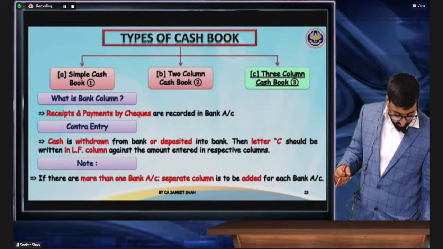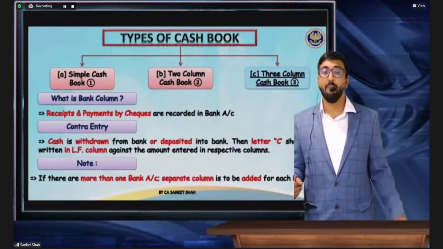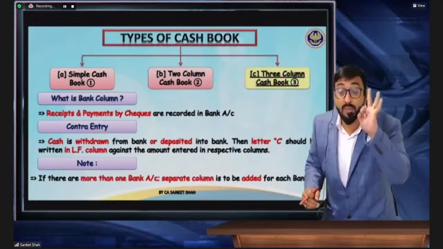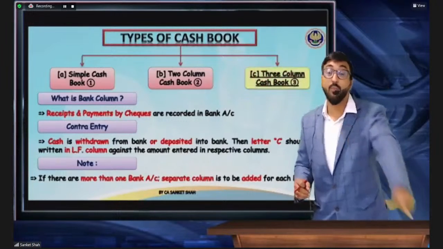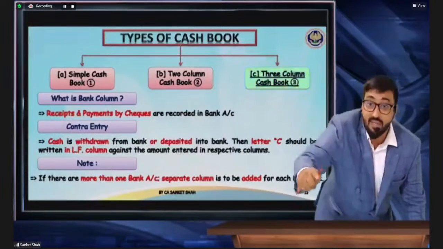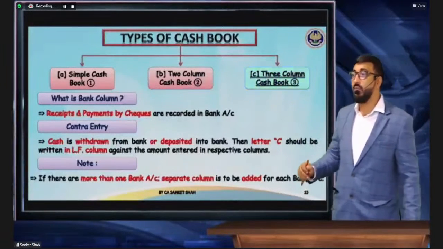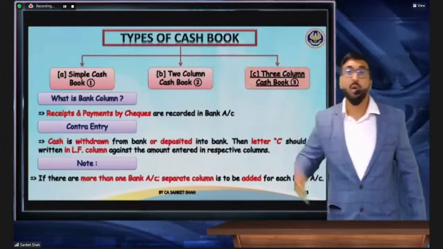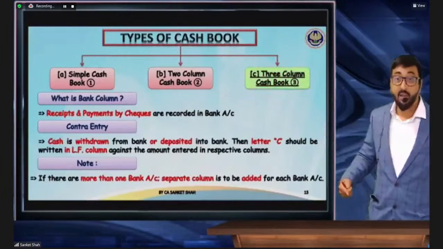Cash, discount, and bank account. But bank-related entries will be in the 3-column cash book. So the 3-column cash book talks about cash account, bank account, and discount account. You prepare separate columns for the cash account, bank account, and discount account.